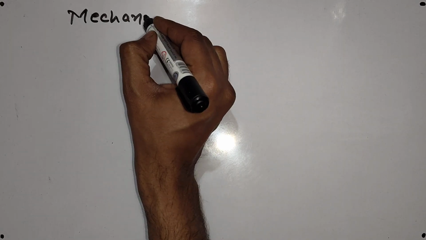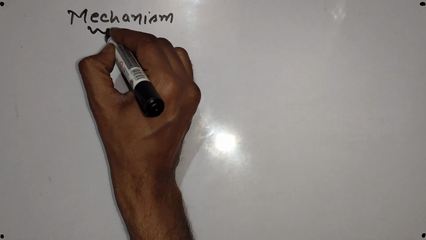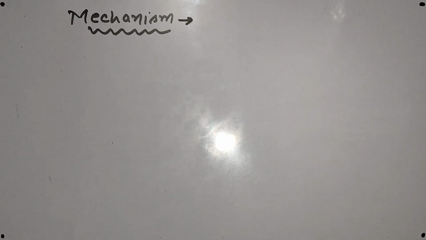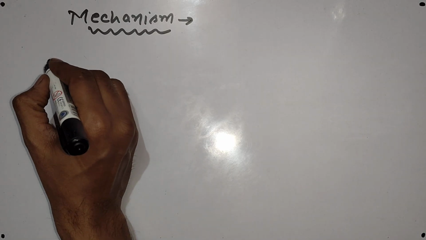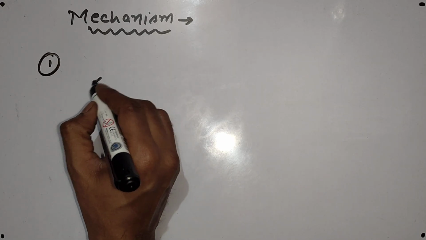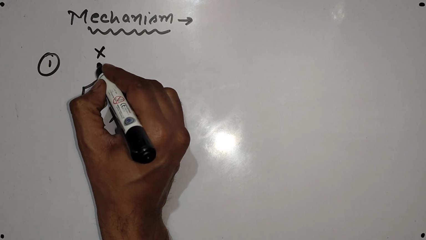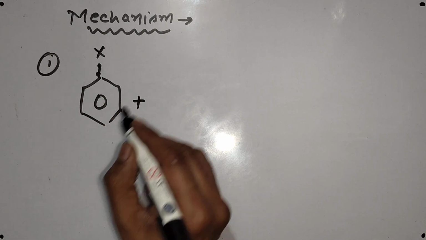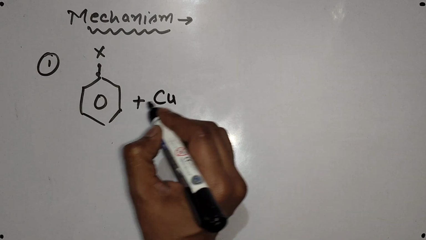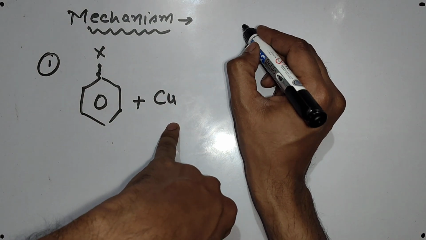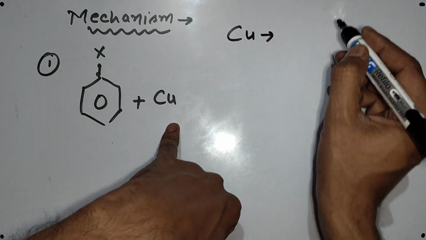Mechanism. I have divided this mechanism in 4 steps so you can understand it very easily. First step. This is haloarene; the first molecule of haloarene is going to react with the first atom of copper. First you need to understand copper's outermost electronic configuration.